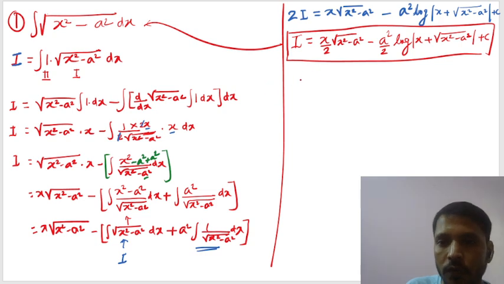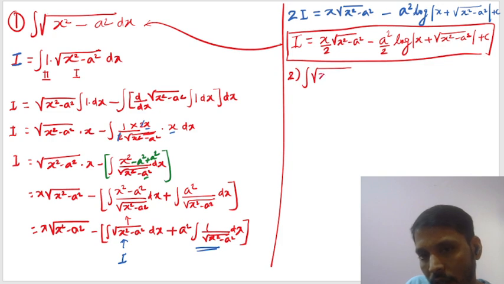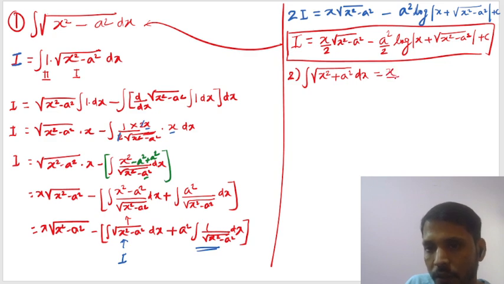Similarly, now we can write the second formula. If we have the integration of under root of x square plus a square into dx instead of minus, then what will the formula be? The formula will be exactly similar, just the plus and minus difference will come.